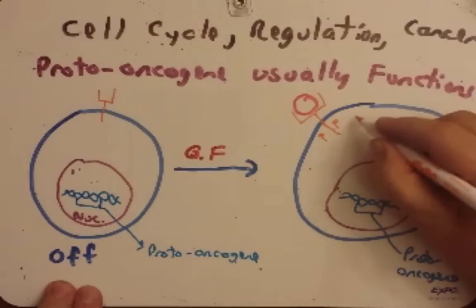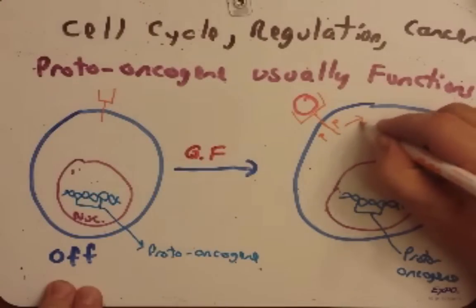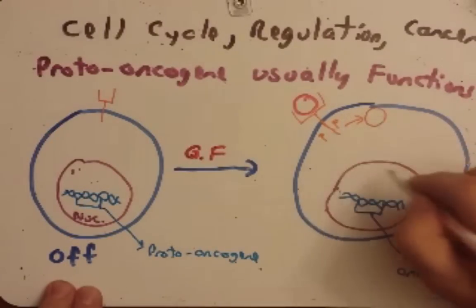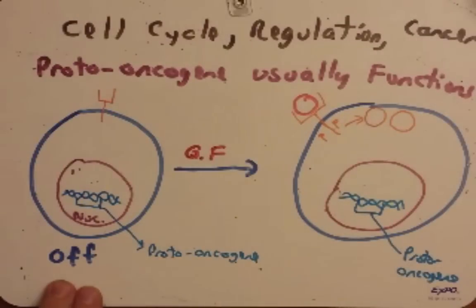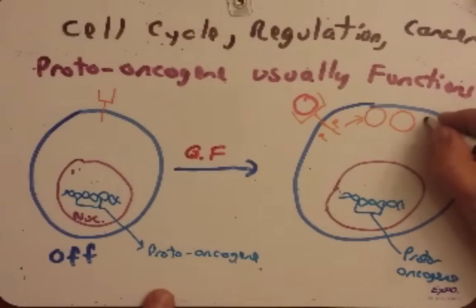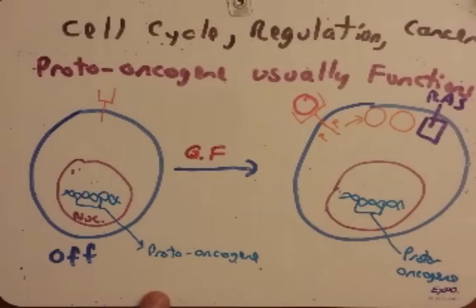Now we don't need to worry about all these downstream proteins, but there are many proteins that are affected by this phosphorylation event, and they are all activated. The one I do want you to focus in on is this one called RAS, R-A-S.